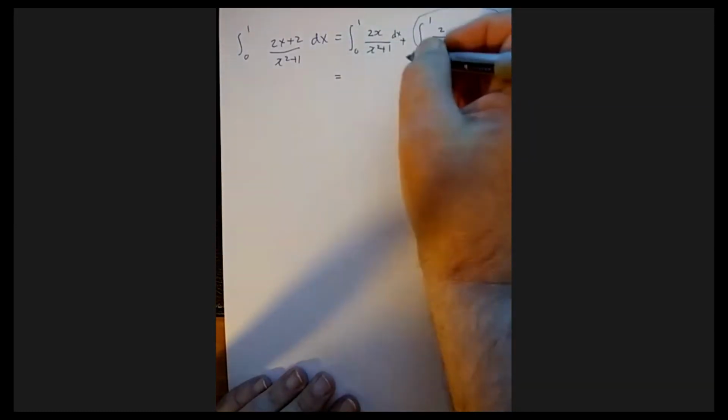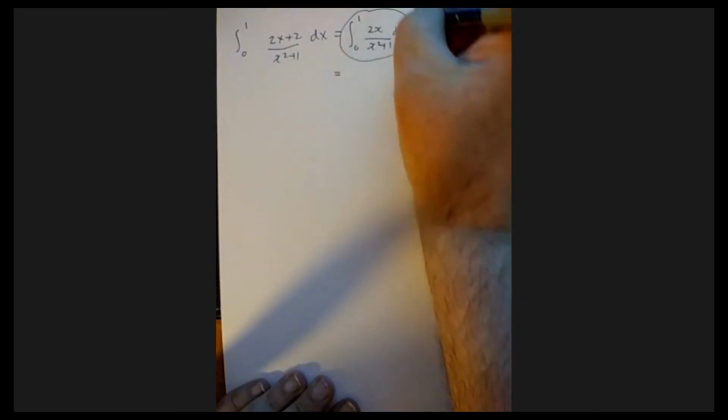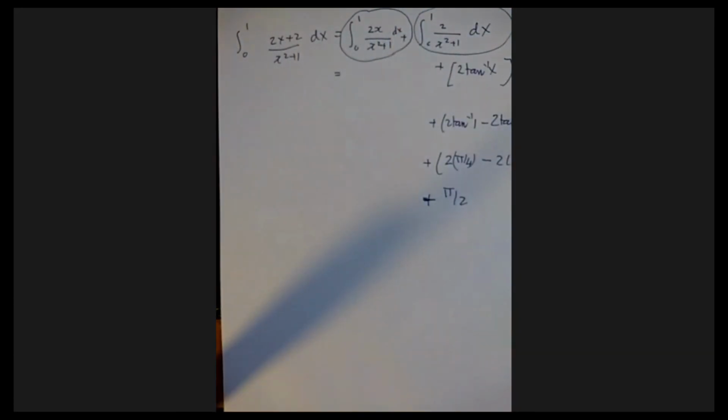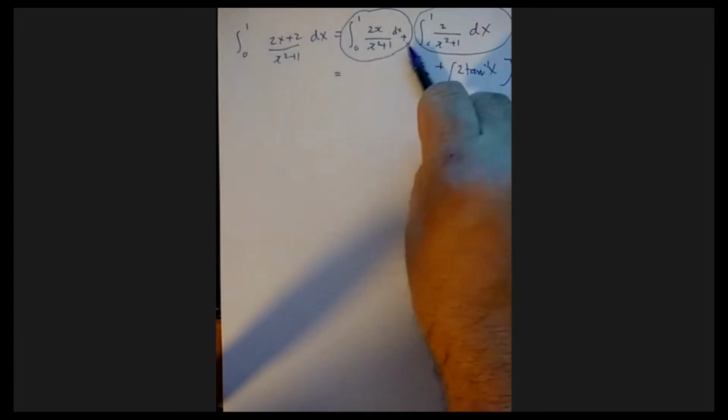Okay, I now need to figure out what to do with this integral, and it's not going to be anywhere near as clean as the other one. 2x on the top, x squared plus 1 on the bottom. There's a method that we can use to do that.